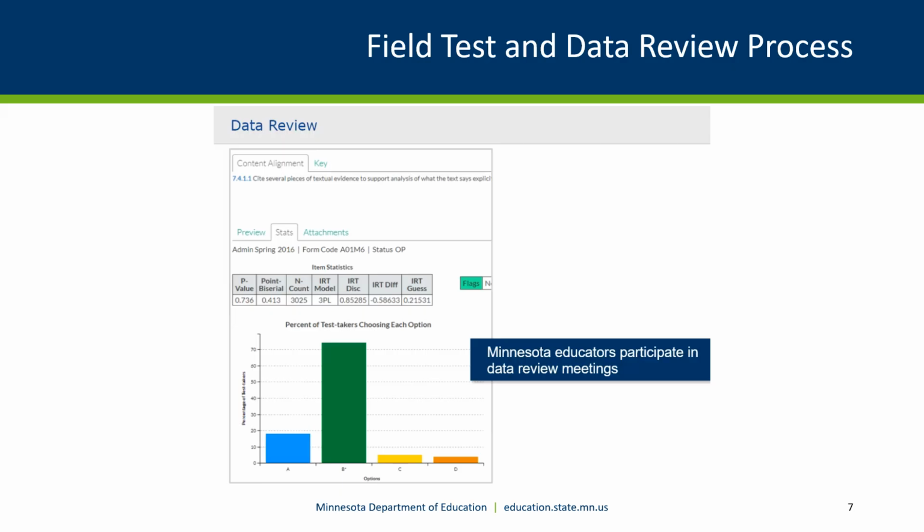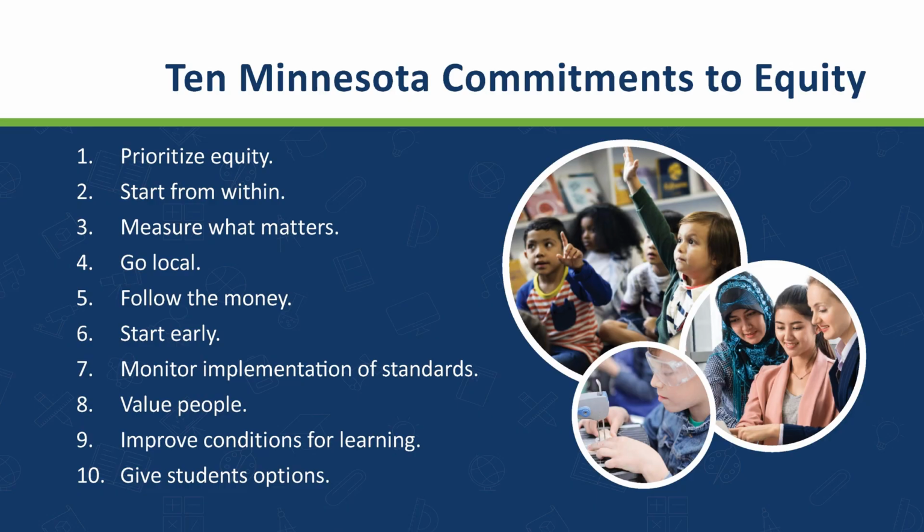The committee also looks at statistics related to item difficulty, item discrimination, and item bias to evaluate how the test item performed. After this review, educators recommend which items can be included on the MCA as written and which items should not be included. MDE uses the committee's recommendation as part of the final decision process for deciding whether a test item can move to the MCA.